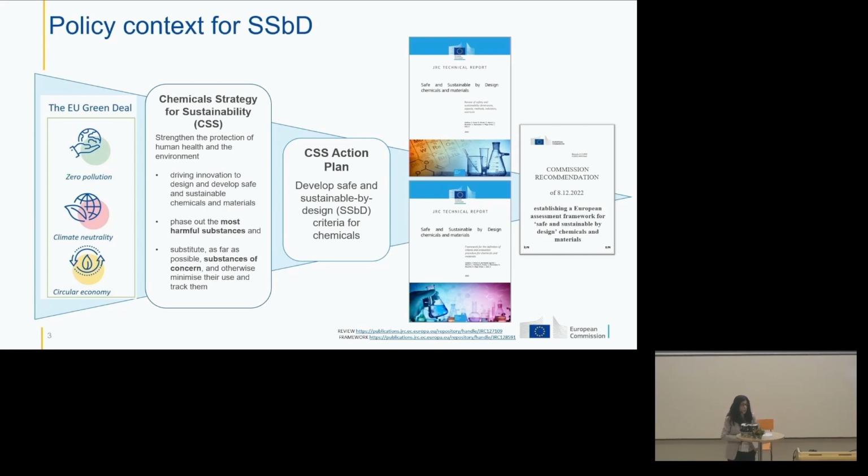And capitalizing on that, the JRC developed the framework for the definition of criteria and evaluation process for chemicals and materials to be safe and sustainable by design. And that is the basis of the European recommendation, of which I will talk afterwards.